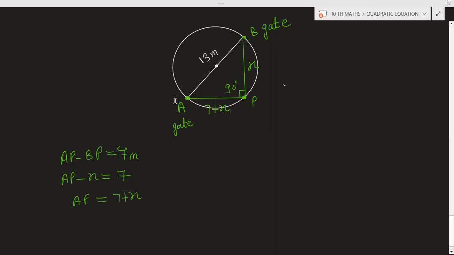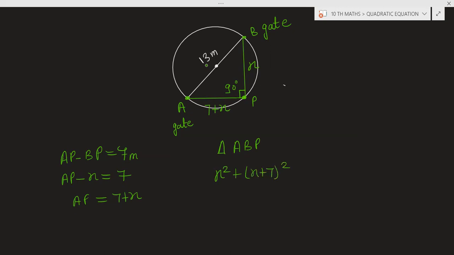Now which triangle is ABP? Right angle triangle. So in the triangle ABP, apply the Pythagoras theorem. It means x square plus (x plus 7) square is equal to 13 square. Now we will solve it.